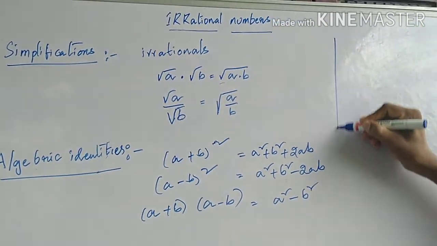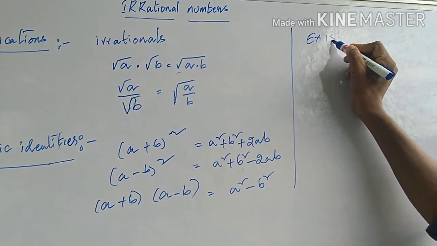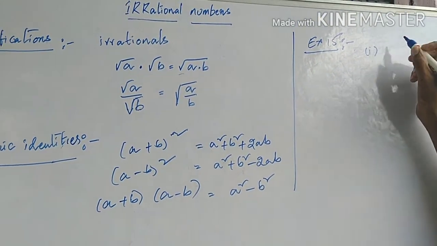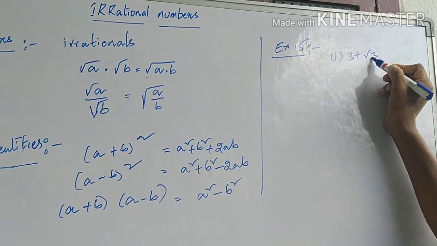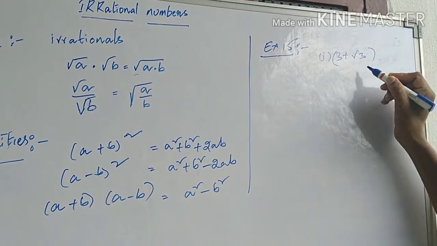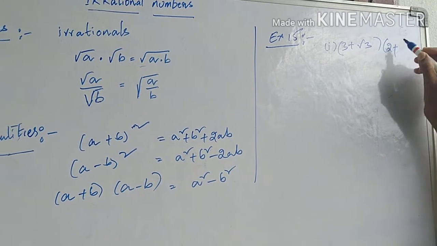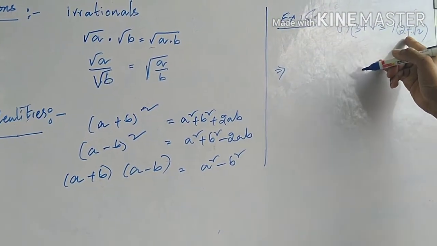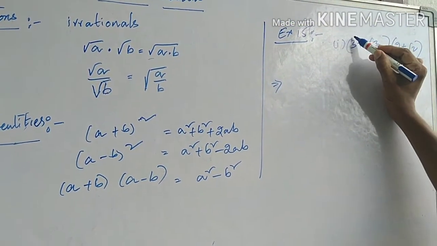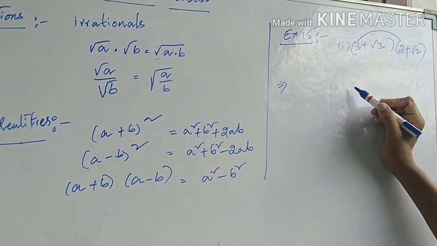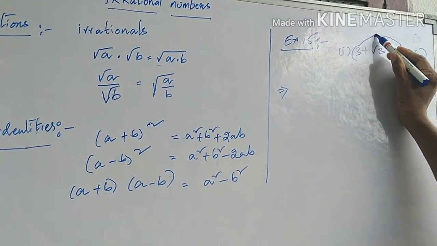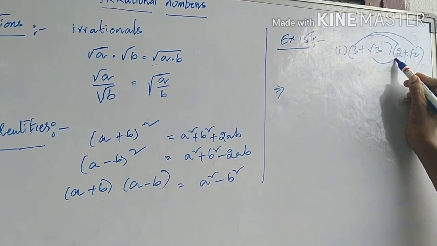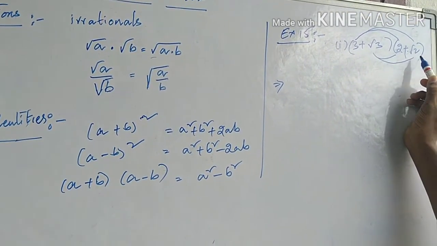In example 15, the first question is 3 plus root 3 into 2 plus root 2. That is a plus b into c plus d. So multiply first term with first term, first term with second term, second term with first term, and second term with second term.